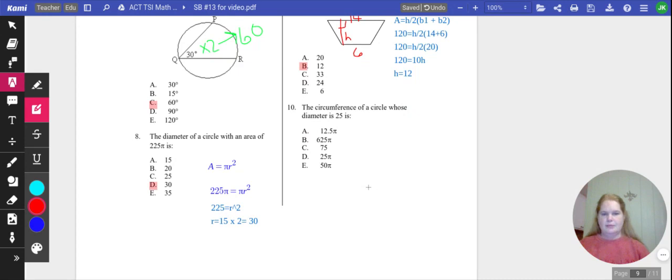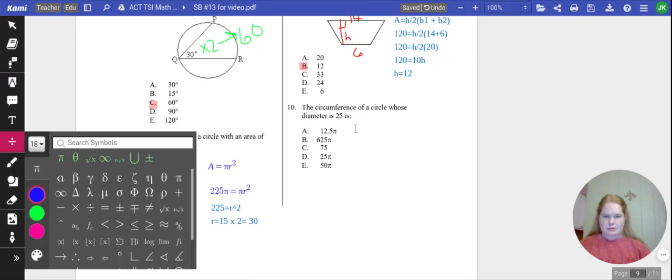And number 10. The circumference of a circle, that's around the outside edge, who has a diameter across of 25. That's an easy formula. Circumference is pi times the diameter. It's also 2 times pi times r, because diameter is 2r. Well, let's put in what we know.